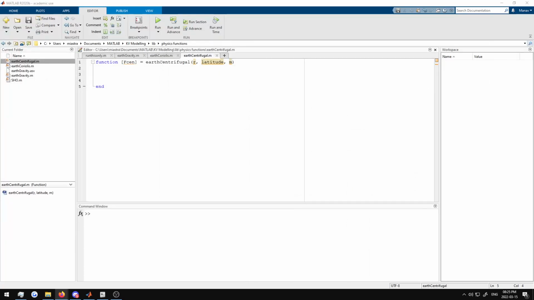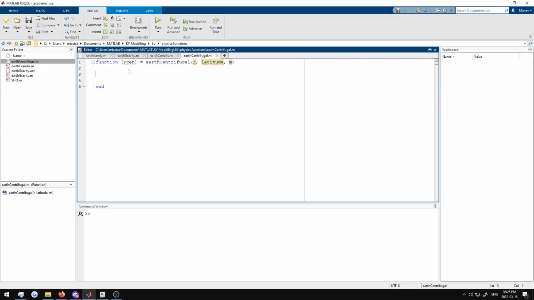So to implement this into our code directly, let's see, centrifugal, yep. So yeah, let's do that. So Earth centrifugal, come on, there we go. So first we have our position vector, which is going to be r is equal to x, y, and z.